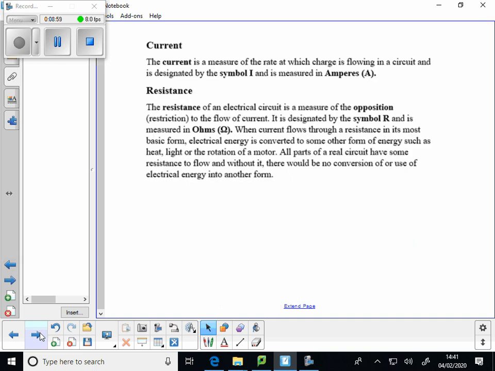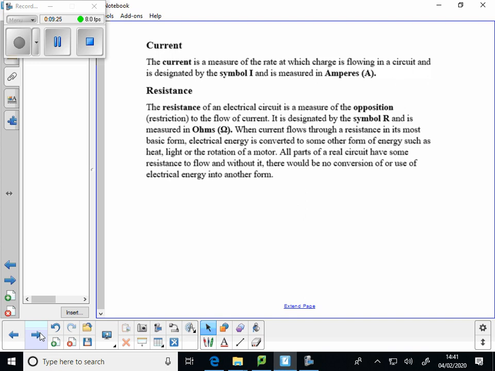Current. This is a measure of the rate at which charge flows. We've already seen that in the bit about charge. It's designated by the symbol I, and that's measured in amperes. And the current will flow depending on the other things. So it will depend on how much voltage you apply and how much resistance there is in the circuit.